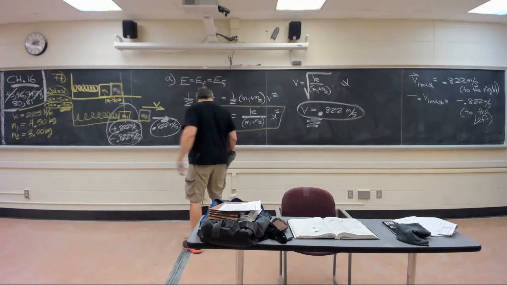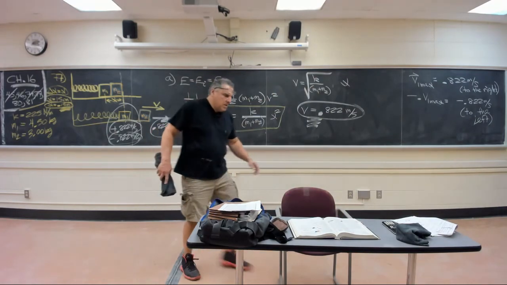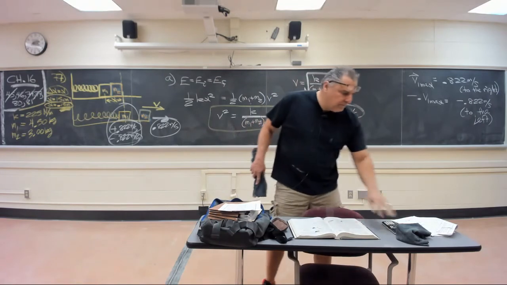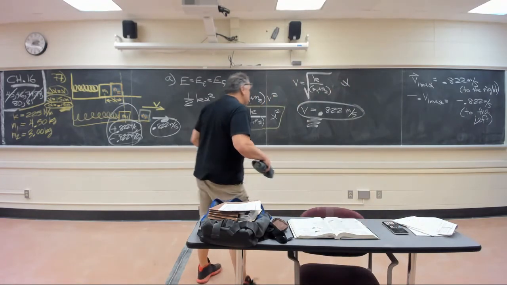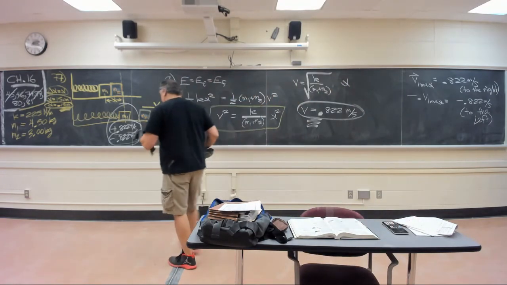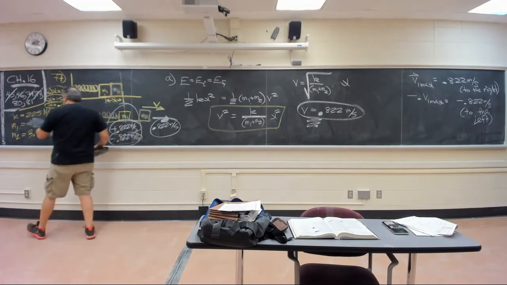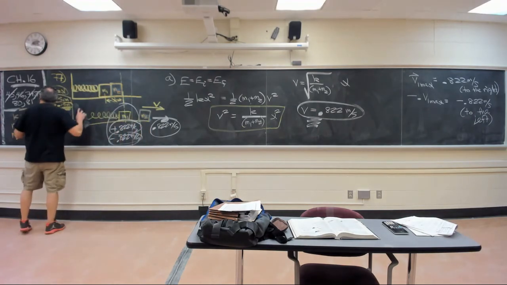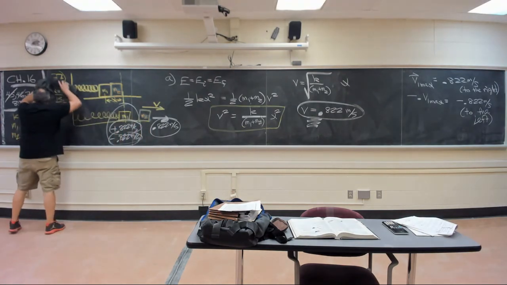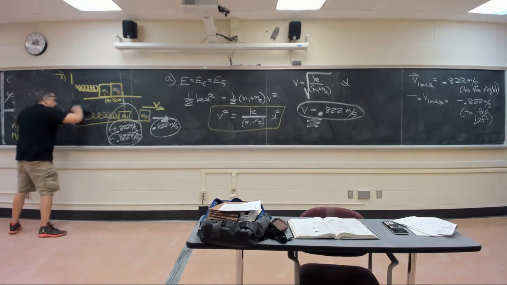Very fascinating problem. Both are very interesting problems, and I think it's good to look at them almost simultaneously. So 80 and 81 are what we're going to do, and then we're going to be done with the Chapter 16 discussion for Physics 209, Calc-Based Physics.